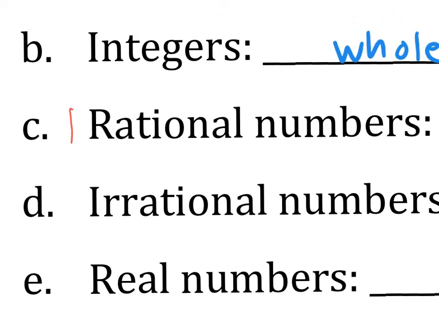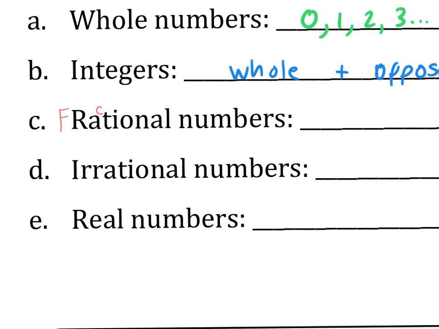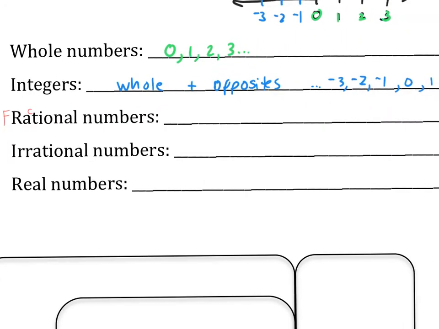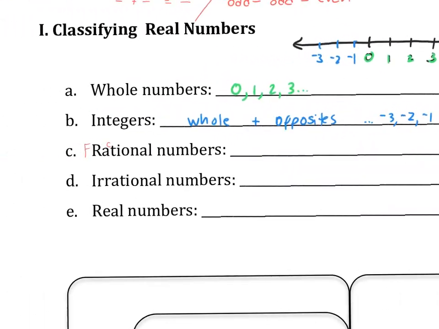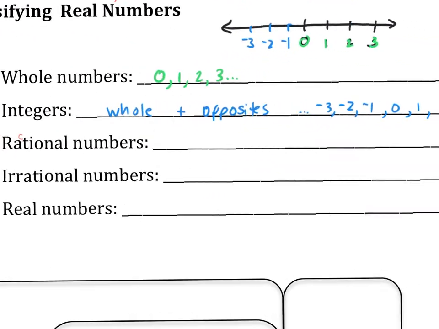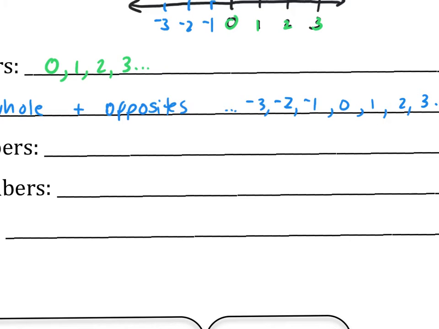So I like to remember rational numbers as fractional numbers because it's halfway, it's 1/4, that kind of stuff. So fractional numbers, or better, rational numbers are the integers plus the fractions between.